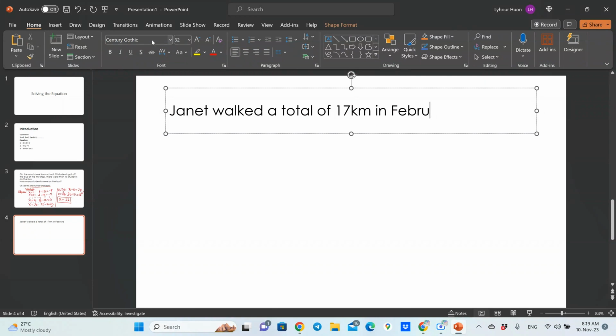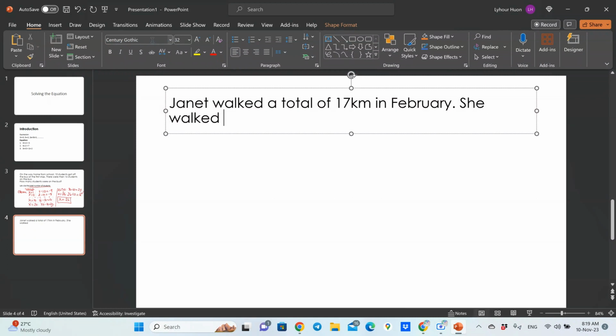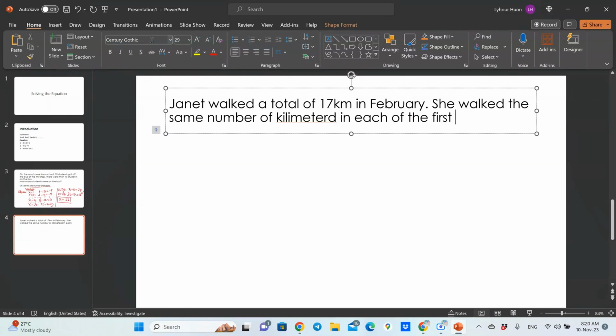She walked the same number of kilometers in each of the first 3 weeks.